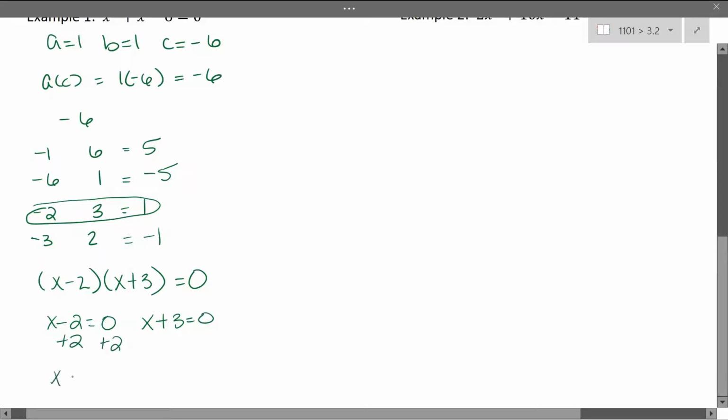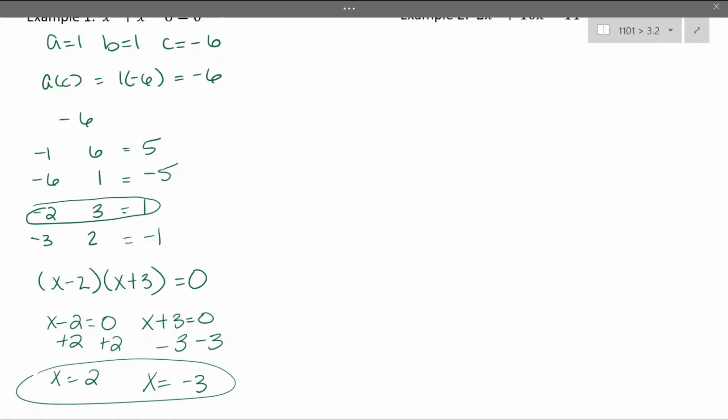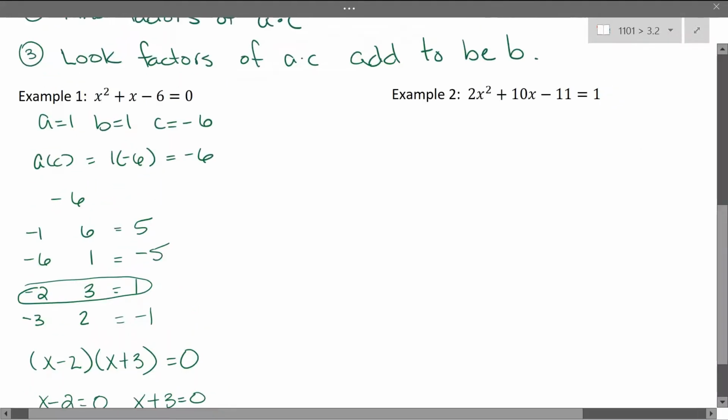So we get x equals 2 or x equals negative 3. We can plug these into our original quadratic and it should come down to 0 equals 0, and that tells you that you have the right solutions.